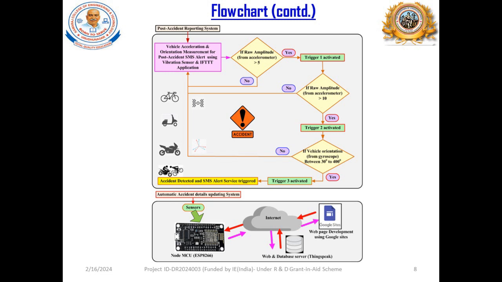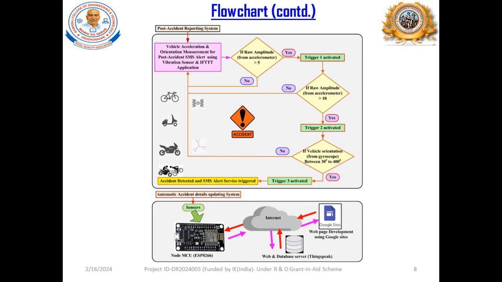In parallel, the SMS alert service of the IFTTT application is triggered and the GPS location is tracked to locate the accident place. And finally, there is the automatic accident details updating system. It consists of all the sensor values connected with the NodeMCU and also linked with the internet.